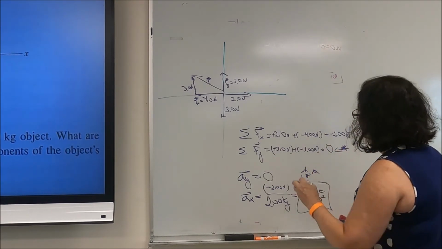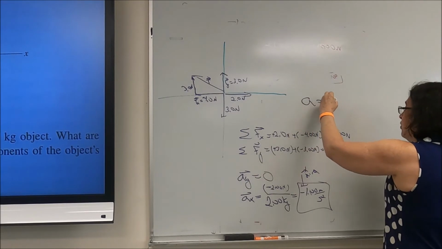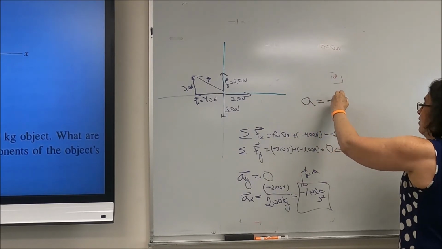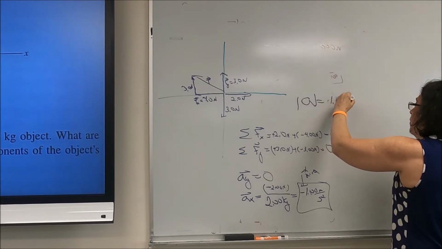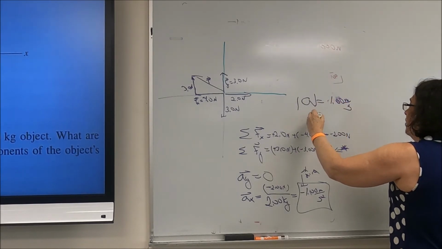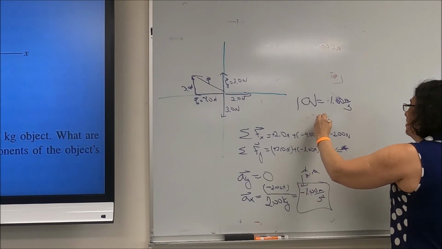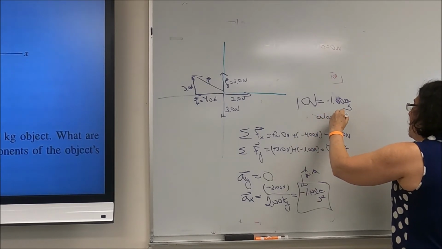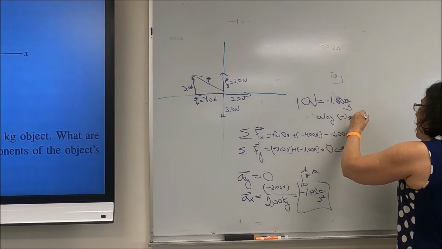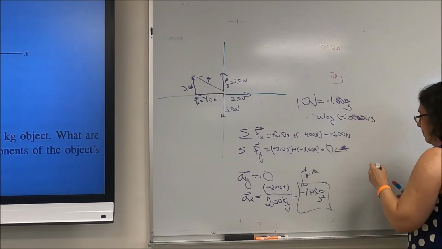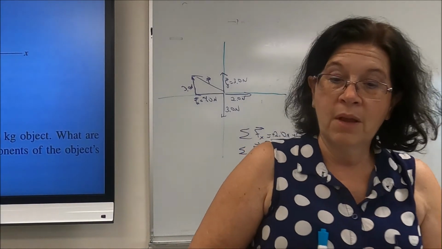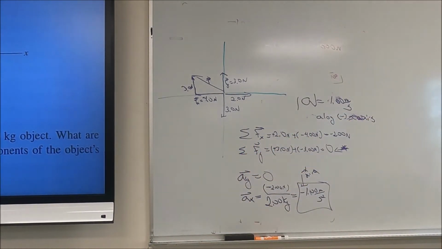So our acceleration, a, has a magnitude of 1 meter per second squared, and we can say that it's along the negative x axis. Okay? So I like that problem because it gave you an example where the sum of the forces along one of the axes was 0.